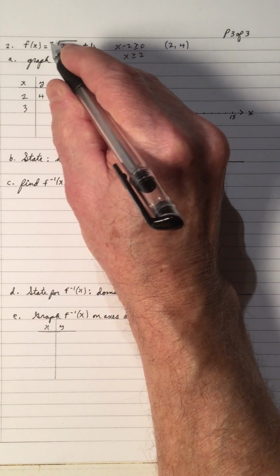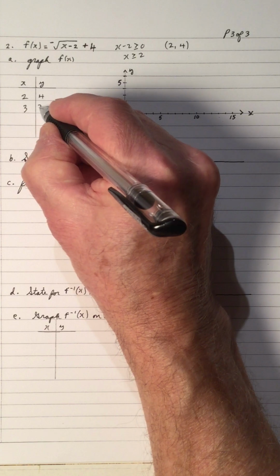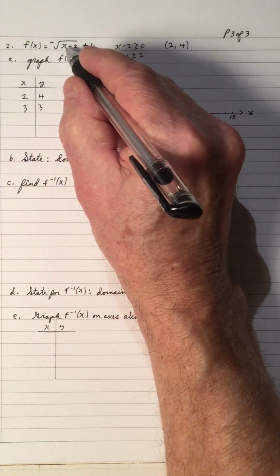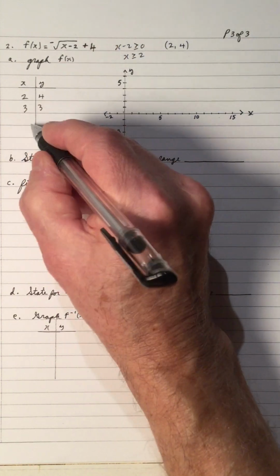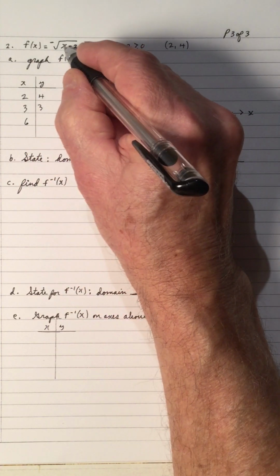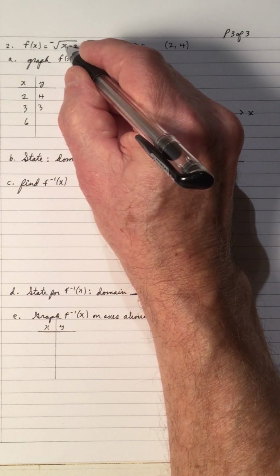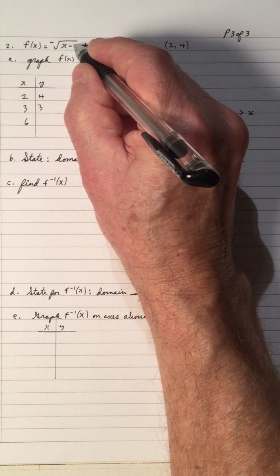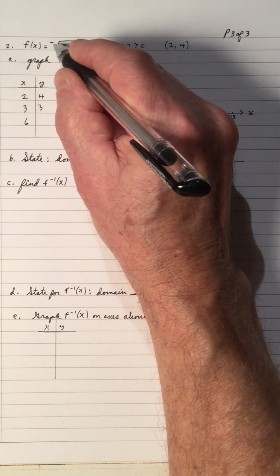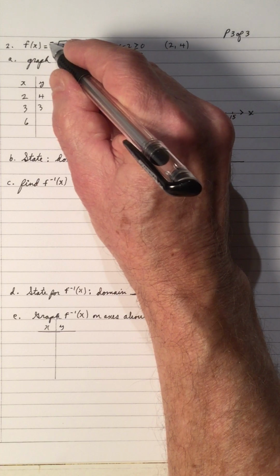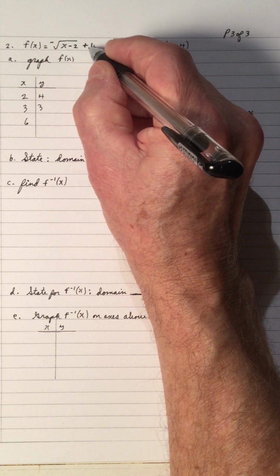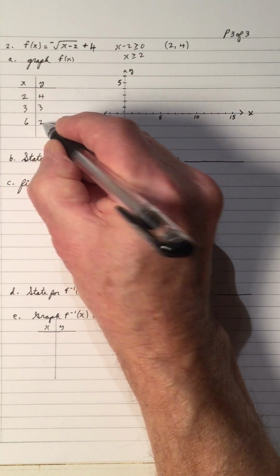Square root of 1 is 1. That's a negative 1 plus 4 is 3. Now if I put a 4 in, I'll get root 2. So what I'm going to do is put a 6 in, because a 6 gives me a 4, which is a perfect square. So a 6 going in gives me a 4. Square root of 4 is 2. Negative of that is negative 2, plus 4 is 2.